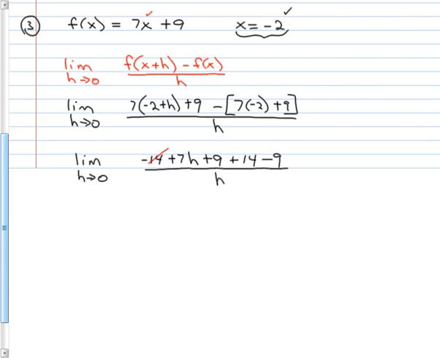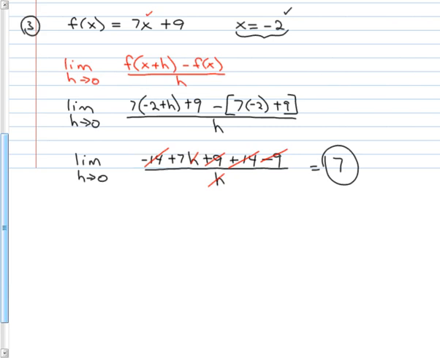Let's see, our negative 14 and our positive 14, our positive 9 and our negative 9 cancel. 7h over h, those h's would cancel as well, wouldn't they? So this one's simplified. 7. We didn't even have to substitute a 0 in any h. Those h's all disappeared. So this one has an instantaneous rate of change, or slope, of positive 7 at x equals negative 2.